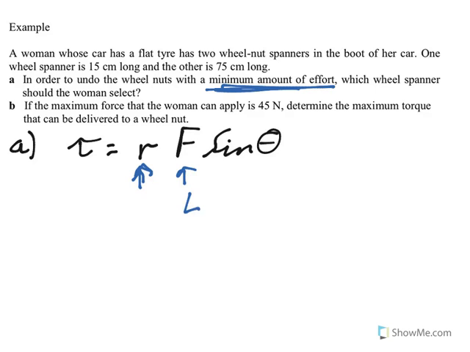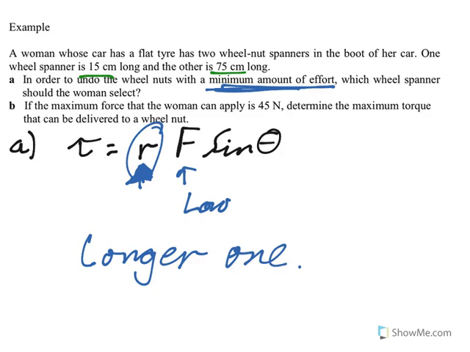So we want that to be as low as possible. The other things we've got are these two, one's 15 centimetres and one's 75. The longer one is going to make the torque larger. So which wheel spanner should she pick? She should pick the longer one.